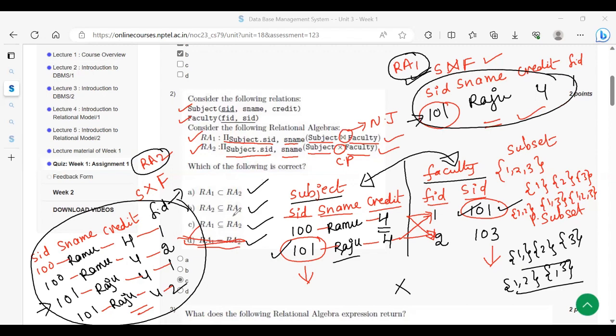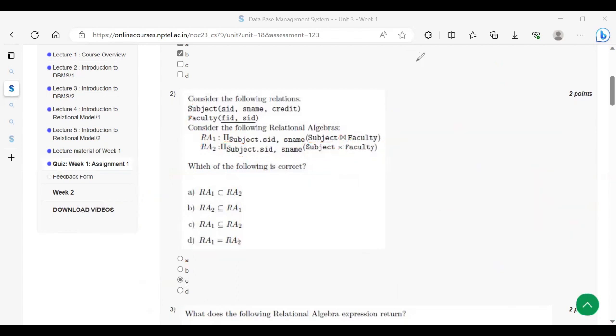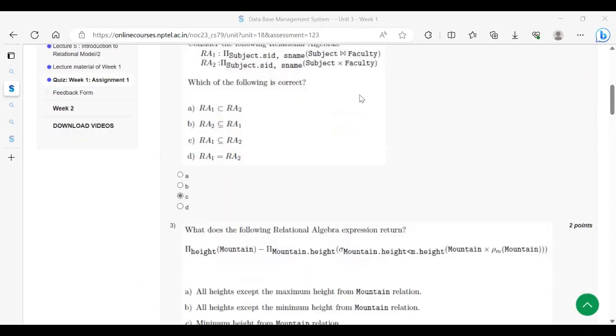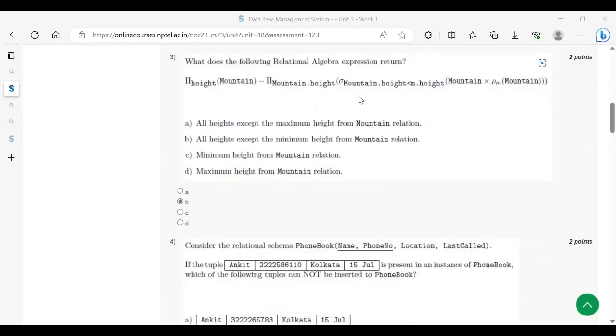Hence I am going to say RA1 is a subset of RA2, because when I find 101 Raju 4, it comes here as 101 Raju 1. This is called a subset of RA2. I hope this is clear for everyone. Let me go to the next question. It is a very, very important question.